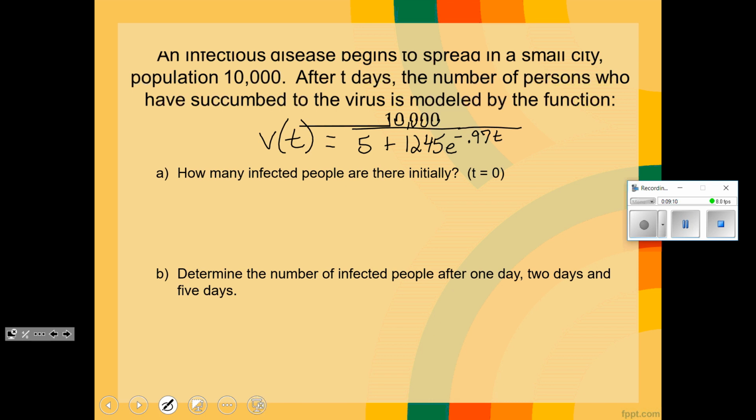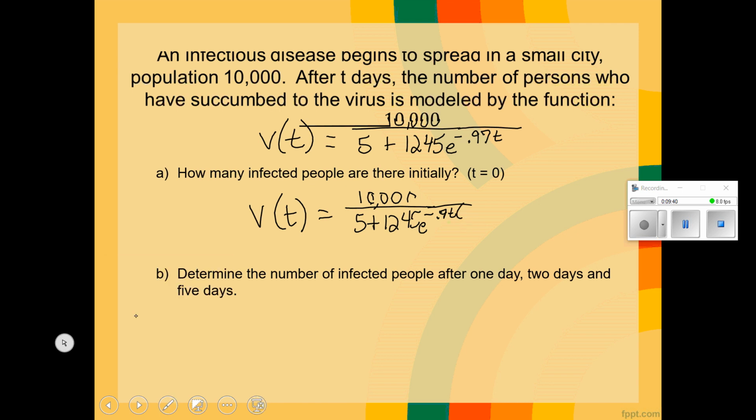Okay? So what we're going to do is plug into this formula and put a 0 where the T is. So we will have V at T is equal to 10,000 divided by 5 plus 1245 e to the negative 0.97 times 0.